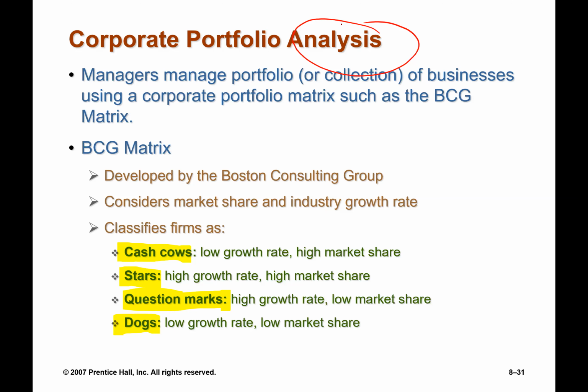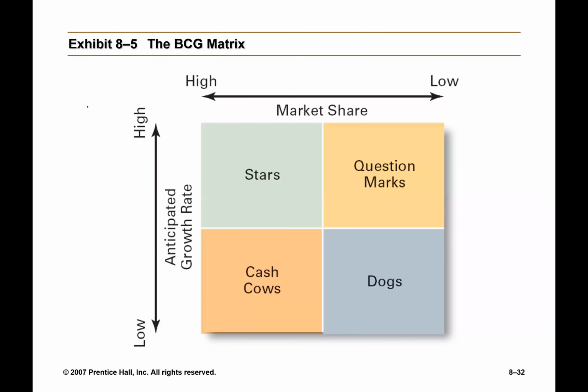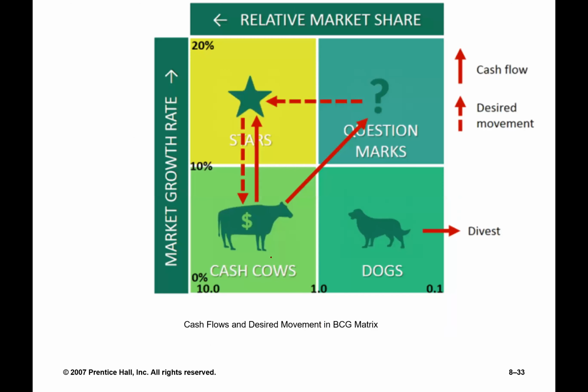How do you analyze an organization? Other than using SWOT analysis, you can use many tools. One of the tools is the BCG matrix. So the BCG matrix looks like this. We call it star, question mark, dog, cash cow. Perhaps we can take a look at this.